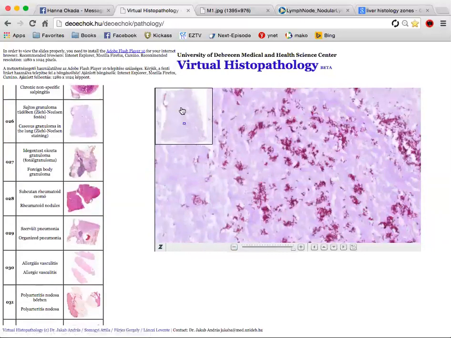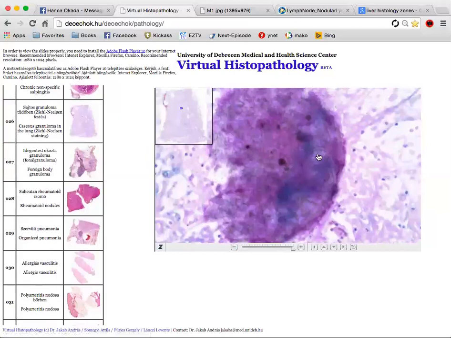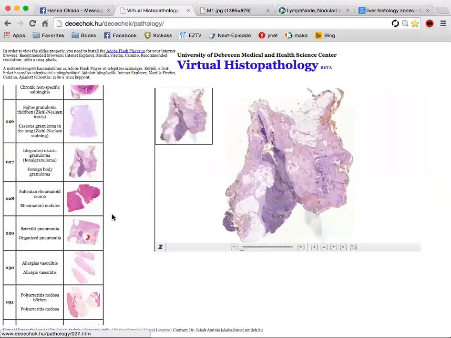But the actual thing you're supposed to talk about is this. So next, this would be a foreign body granuloma, and this is a piece of skin, and it's very distorted. What happened here is there was probably a cut, and it was sutured. And the foreign body is the suture material.